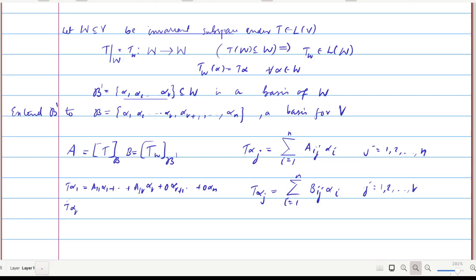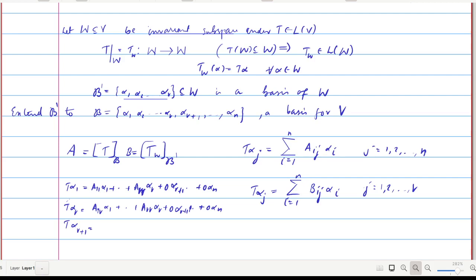Similarly, up to T alpha r, you can consider this: instead of A11 we have A1r alpha 1 plus etc. A_rr alpha r plus 0 alpha r plus 1 etc. 0 alpha n. Okay, and we have alpha r plus 1.